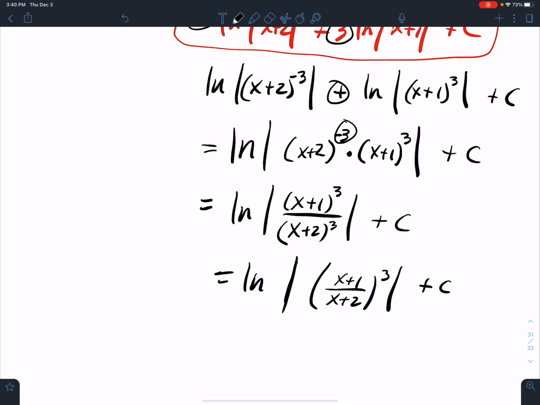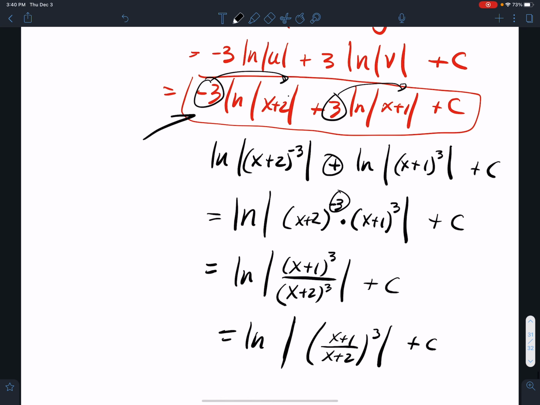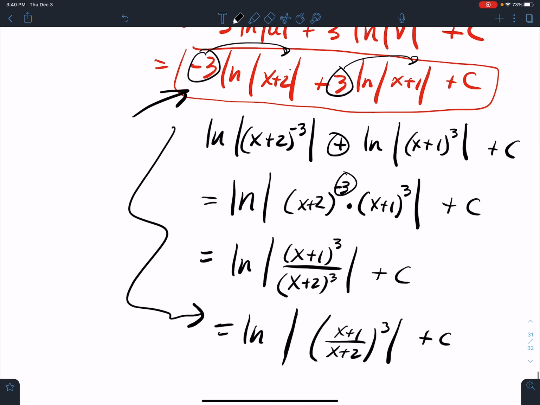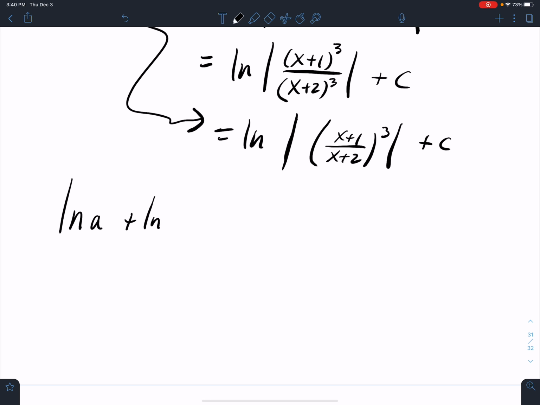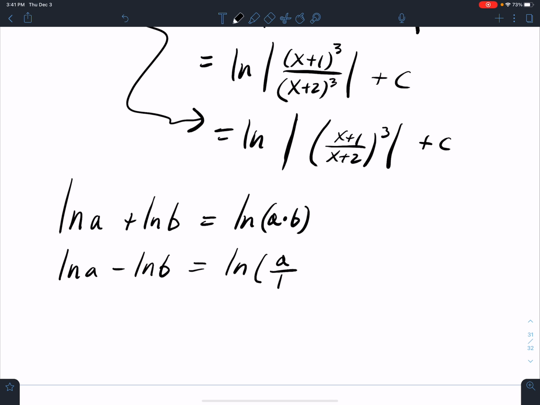Okay? So don't freak out once again if you get this as an answer, but the back of the book says that that's the answer. Just know that they did a little bit of algebra to combine the logarithms. Okay? So you might want to go back and look at your properties of logs. If you do ln a plus ln b, this is ln of a times b. If you do ln a minus ln b, this is ln of a divided by b.